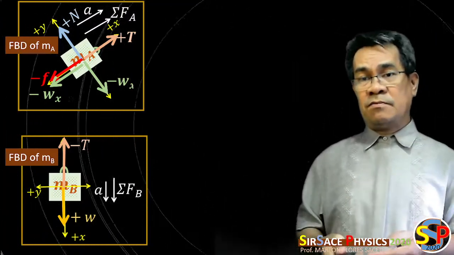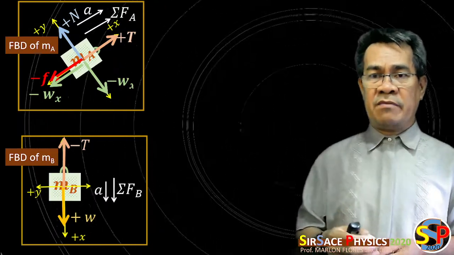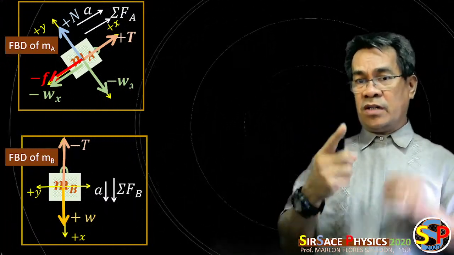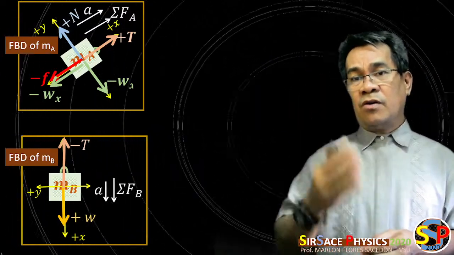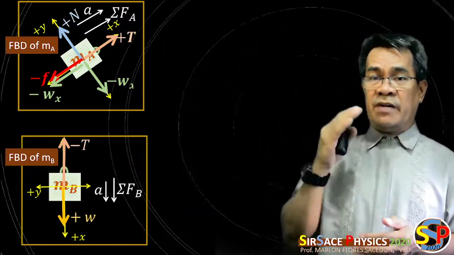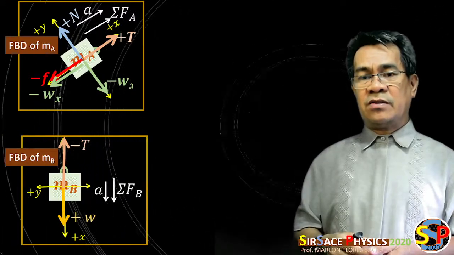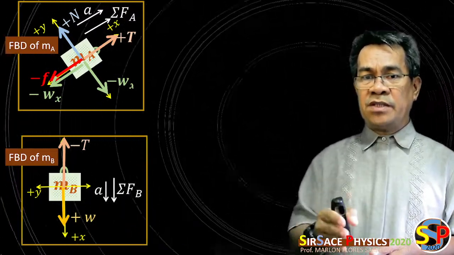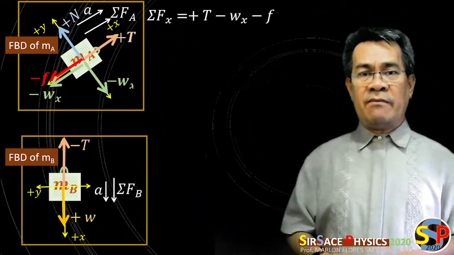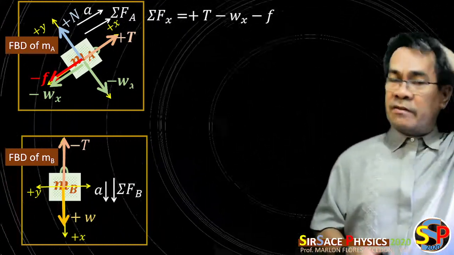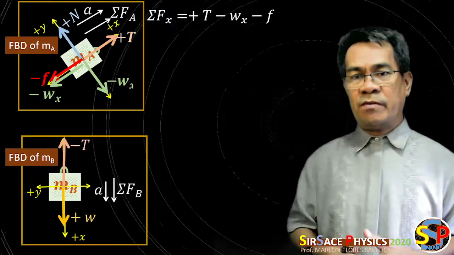Now take note that in free body diagram A, the normal force is equal to Wy, because the sum of them must be 0. So therefore it follows that N is equal to Wy, or mg cosine theta. Summing up all forces along X. What are the forces along X in free body diagram of A?